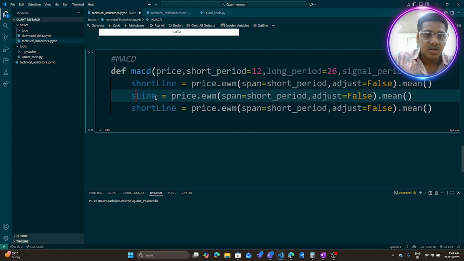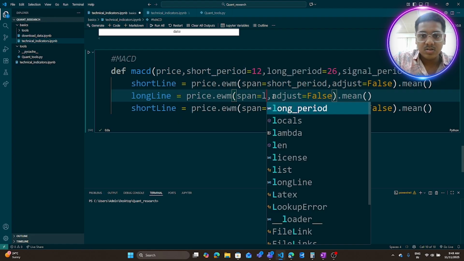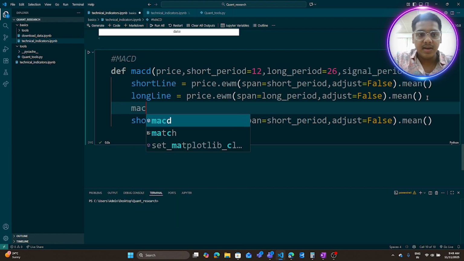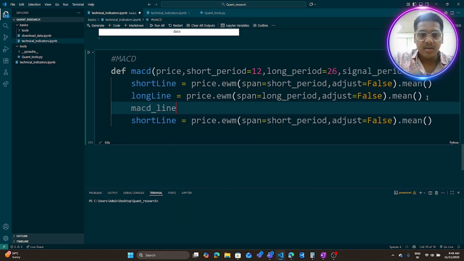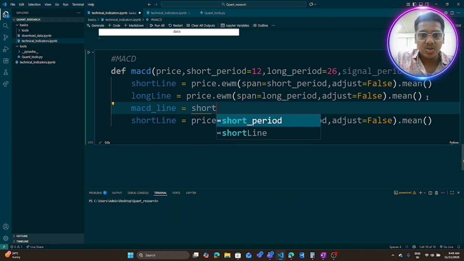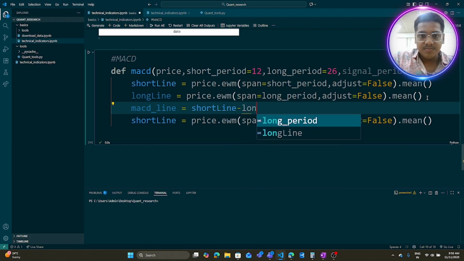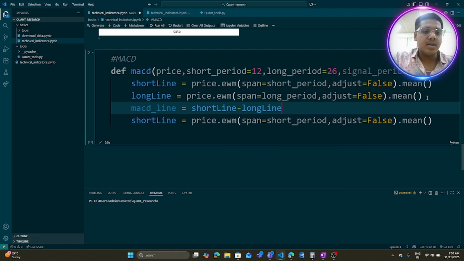So short is done. Now we'll do long, and just use long period. Okay, so we now have the short line and long line. Now we'll find the MACD line. MACD line is basically short line minus long line. Done.